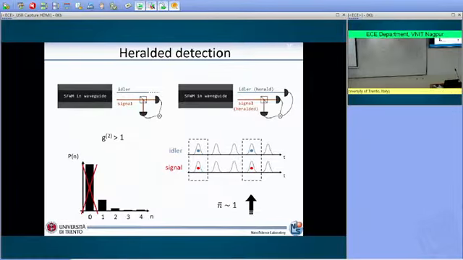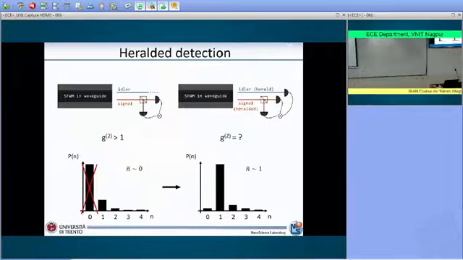And so in the statistics, I am removing all those states that have no photons. And so what I end up with is a statistics that is very similar to the desired single photon statistics in my wish list. Is it clear?